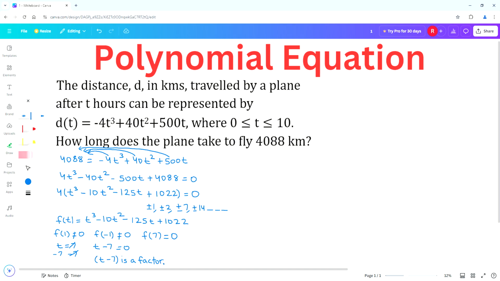Next, we have to do polynomial division. We should divide the cubic polynomial in the parentheses by this factor. We can use polynomial long division or synthetic division. I will use synthetic division because it's faster.